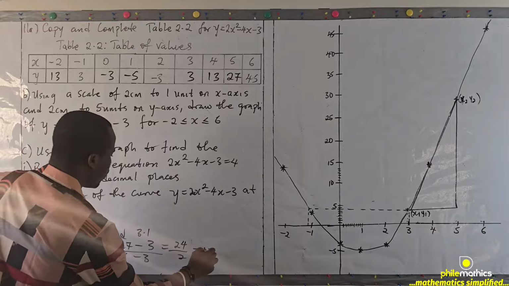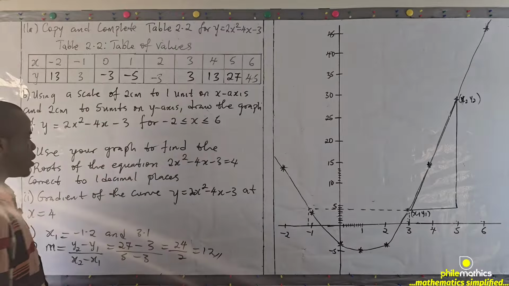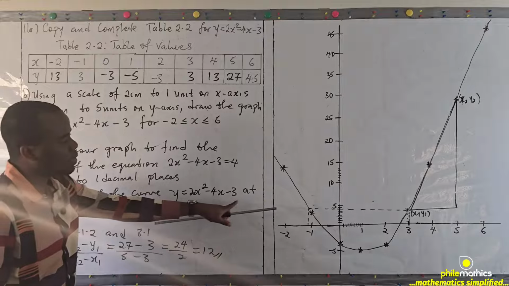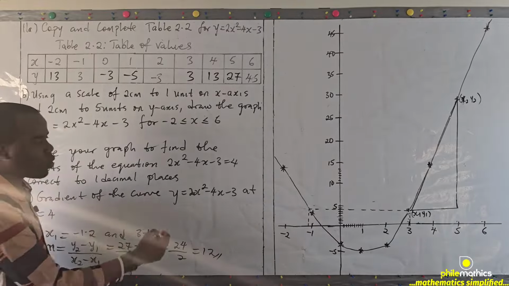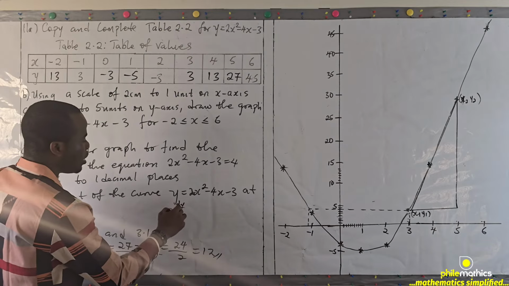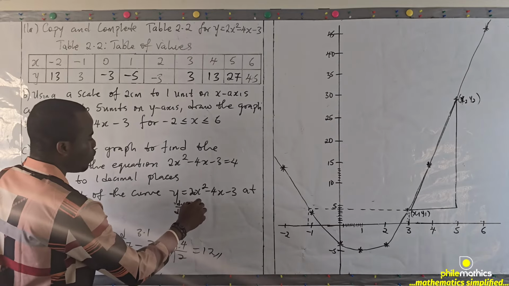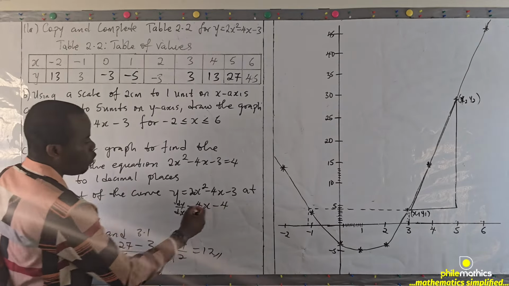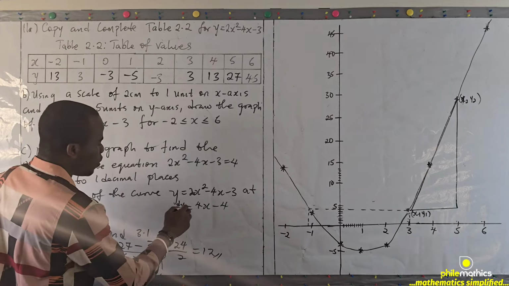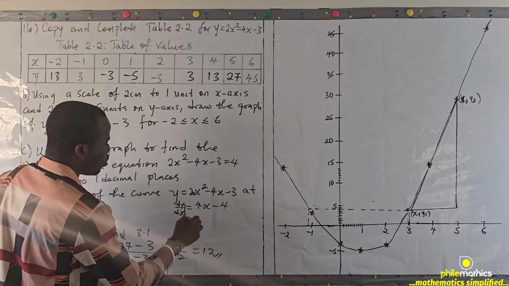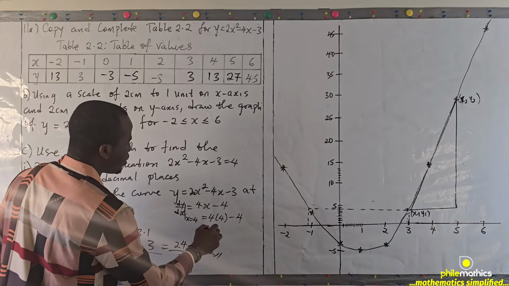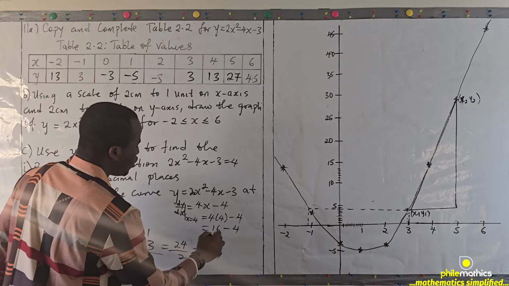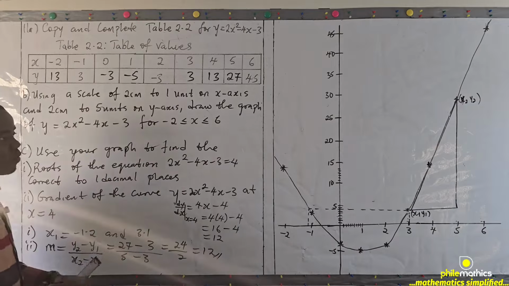This is 12. To confirm that your answer is correct, if we were to find the gradient of this curve, it's just simply differentiate this and substitute x equals 4. So dy/dx is simply 4x minus 4. If you substitute x equals 4, we have 4 times 4 minus 4. This is 16 minus 4, and this is 12. So this is the correct answer of the gradient.